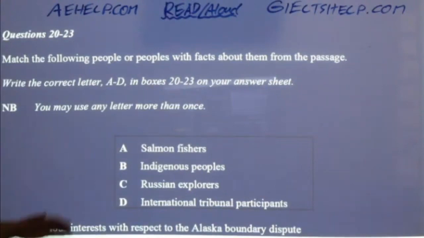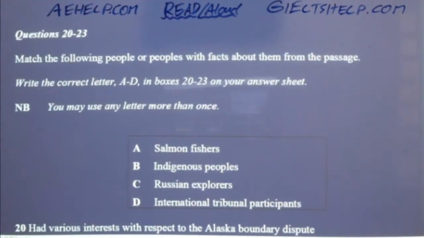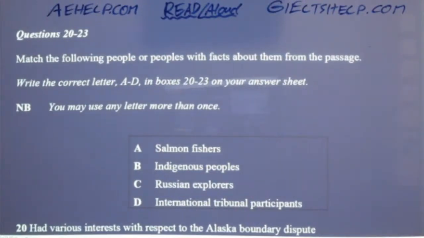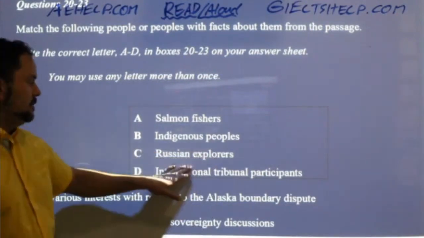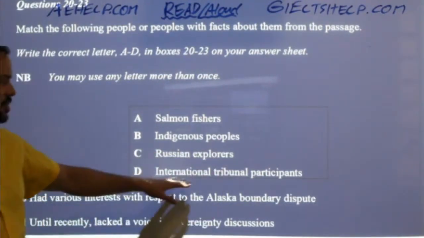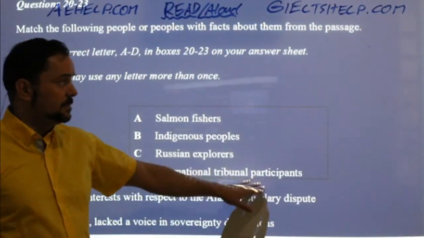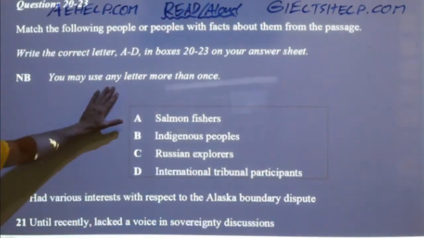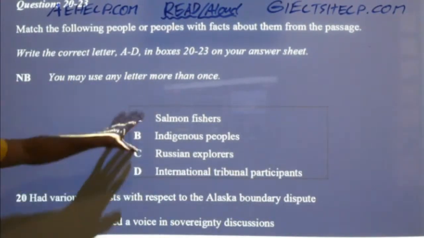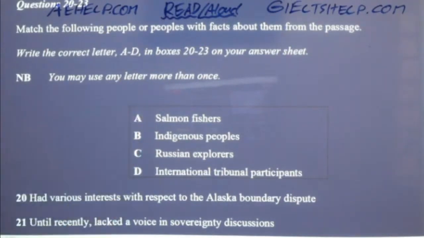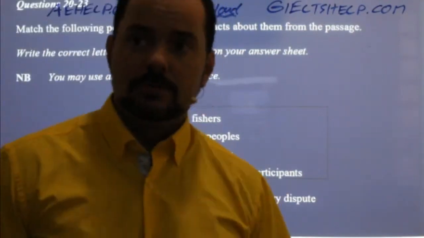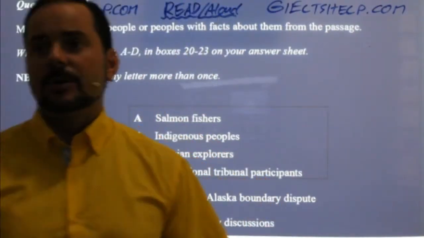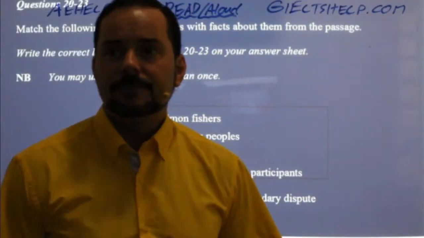Match the following people or peoples with facts about them from the passage: salmon fishers, indigenous peoples, Russian explorers, international tribunal participants. This type of question, where you have to match information to people or groups of people, that's all in the passage, so that is good to review. Definitely, Sammy, you're right, you want to read them.